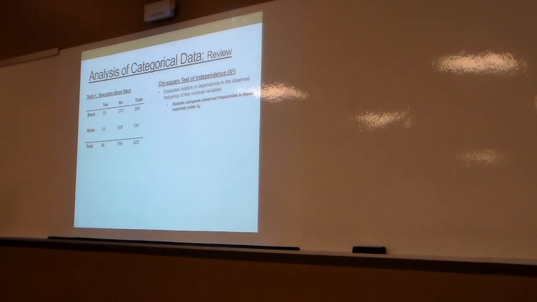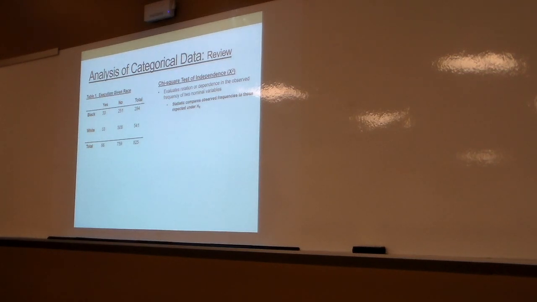Now in this case, we've got a 2x2 table. It doesn't have to be. I could have 2x3 or however big your design wants to be there. But we're just looking at whether or not levels of this categorical variable appear to be related or dependent in some way on the level of the other categorical variable.